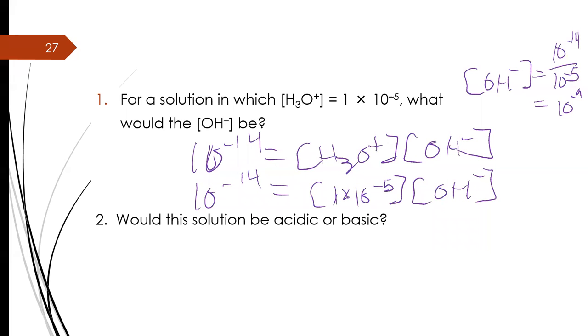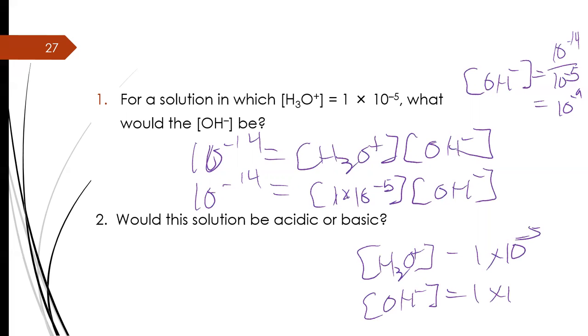So now we're comparing. We have a concentration of H3O plus of 1 times 10 to the minus 5 and hydroxide of 1 times 10 to the minus 9. Now we're trying to see who is higher. Hydronium is definitely a higher concentration. 10 to the minus 5 is a bigger number than 10 to the minus 9. And so this is going to be an acidic solution.